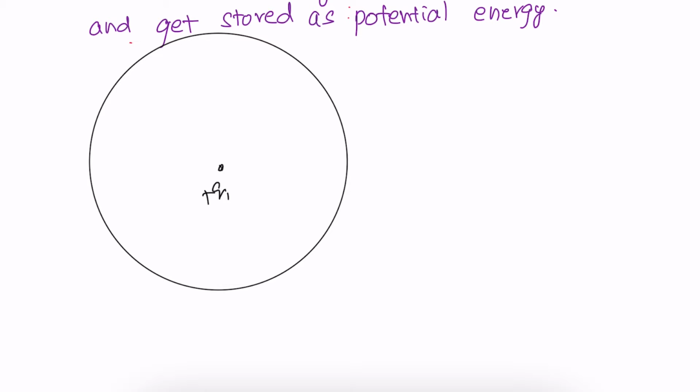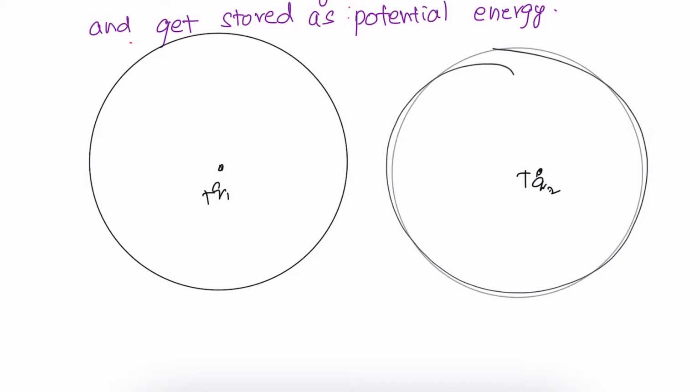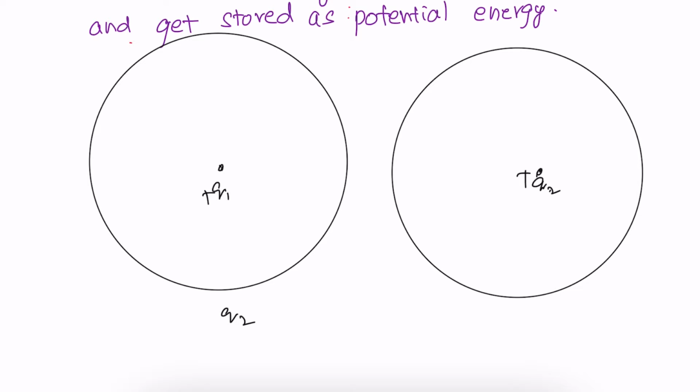Suppose Q2, a positive charge, is here. It also creates an electrostatic field around it. Here there is no interaction when Q2 is at infinite distance from Q1.